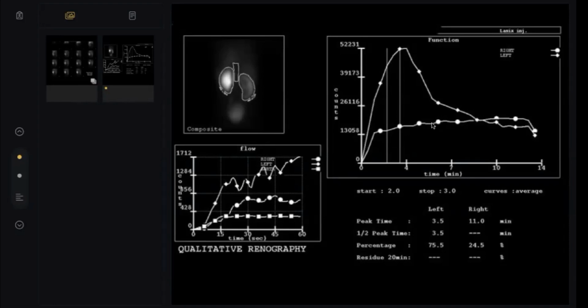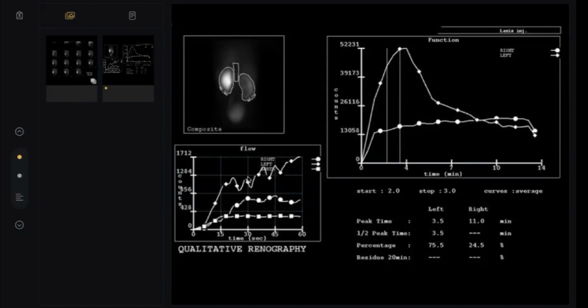The right kidney is poorly functioning because there is no excretion. That is plateau. So there is poor uptake and persistence of the tracer, nearly no excretion. Plateau. Okay.